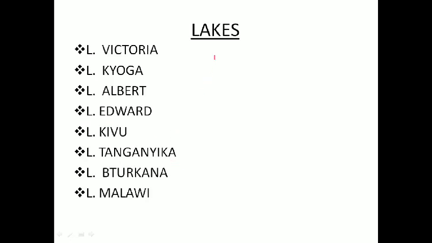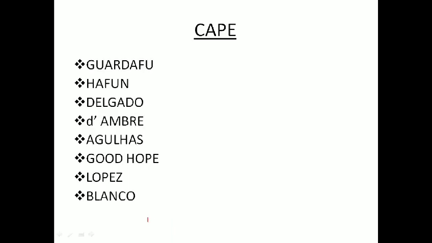Whereas lakes include some of the famous lakes: Lake Victoria, Kyoga, Albert, Edward, Kivu, Tanganyika, Turkana, and Malawi. So these are famous lakes from Africa.